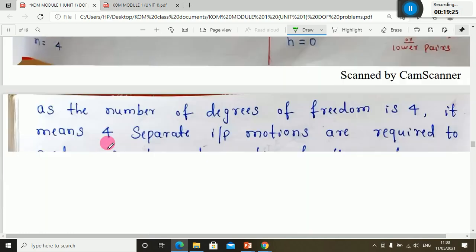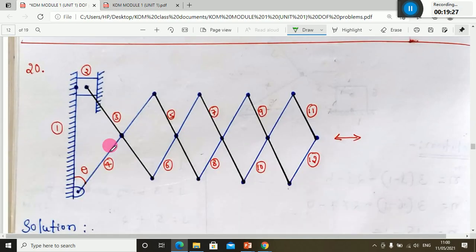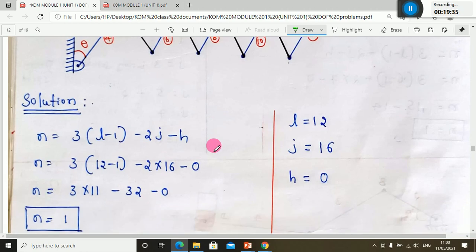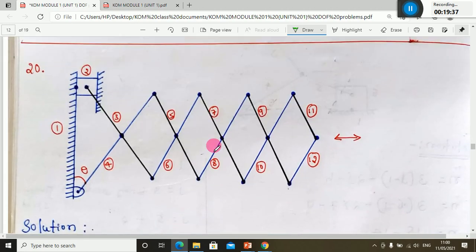Then just take this link. Just take a rough diagram. This is the first link which is fixed. You can consider this as a cylinder or a frame, so I'll write 1.